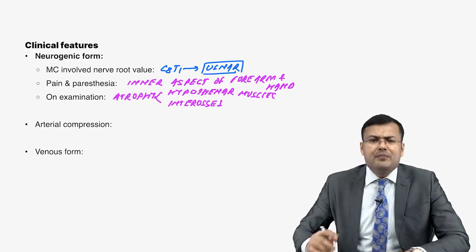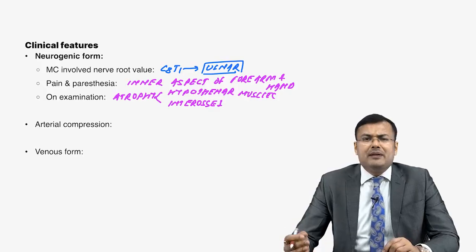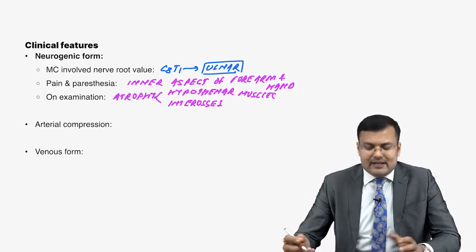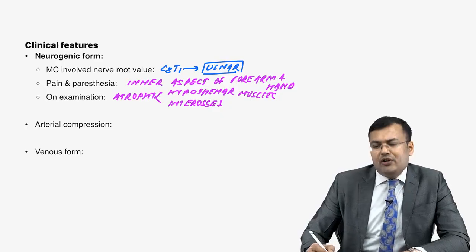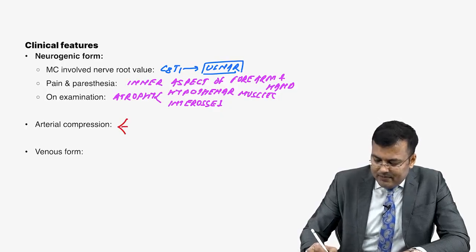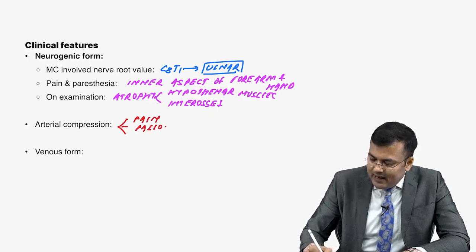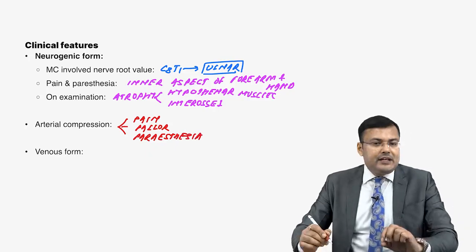Suppose there is arterial compression. If there is arterial compression, what will happen? There is pain, pallor, paresthesia. And in some cases there is occlusion of a vein, or sometimes venous thrombosis.